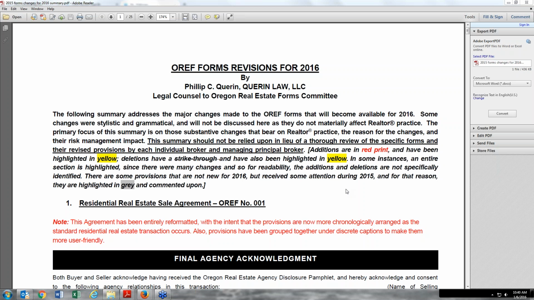The other thing is, we tried to create a little more room because in some instances properties are co-listed or co-sold.